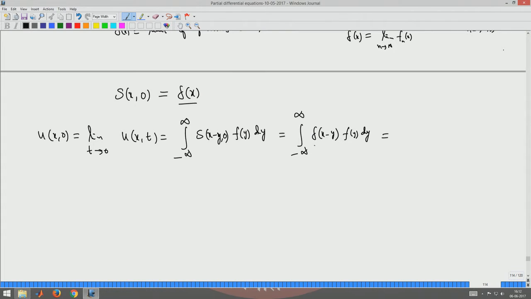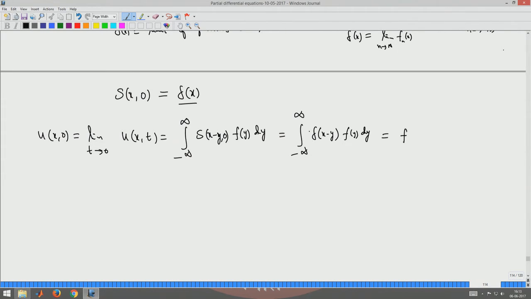So, when you multiply a delta function with a function and integrate, what you get is as earlier: a scaled, translated delta function, translated from 0 to y. So you get f at x. This is the delta function of y translated, you can write y minus x or x minus y, all are the same.